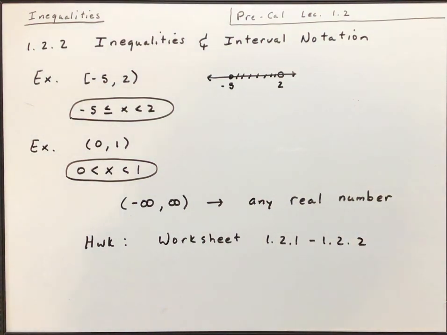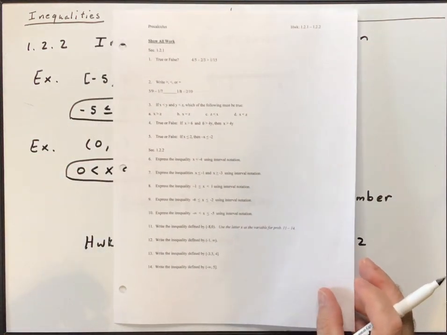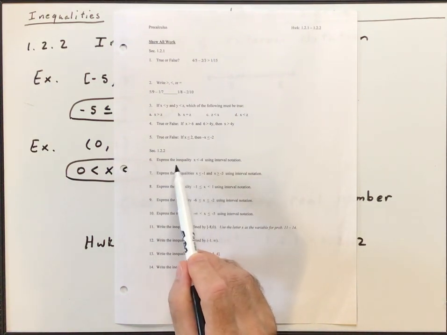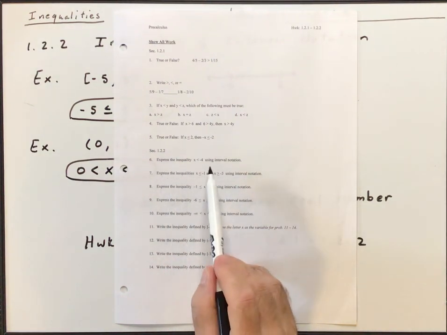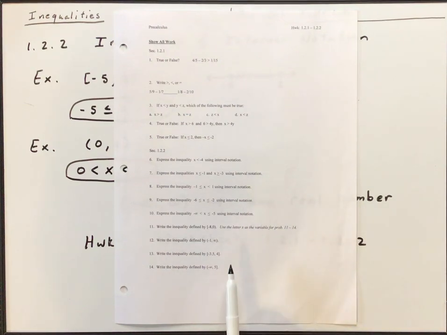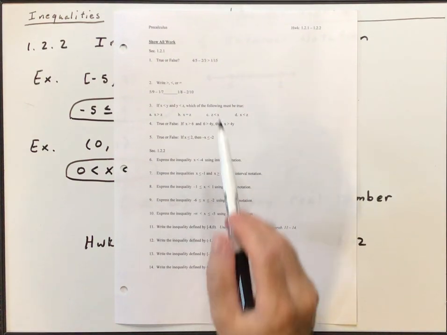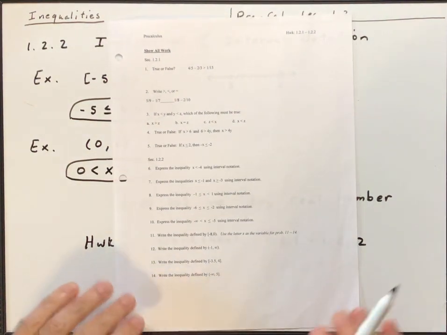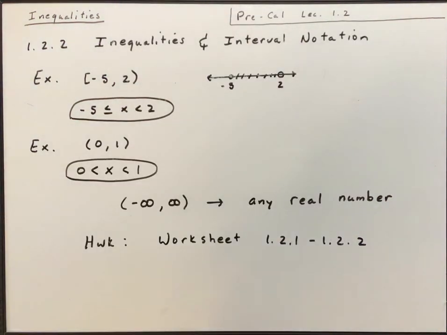All right, so that worksheet looks like this. And you just make sure to show all your work where there is work. There's not a ton of work. For section 1.2.2, you just kind of write the answers out. Okay, but for these with fractions, you need to show your work. And that's all I have for this lecture.